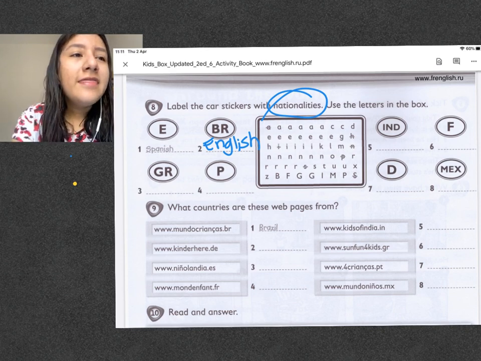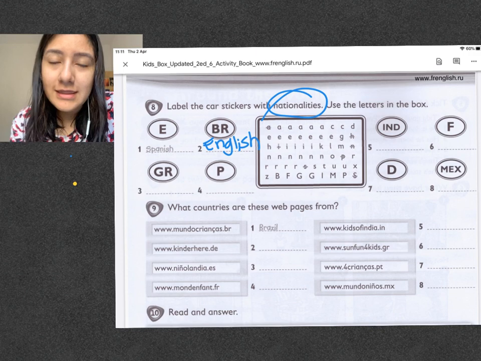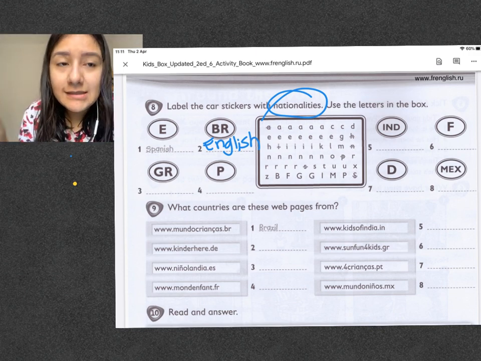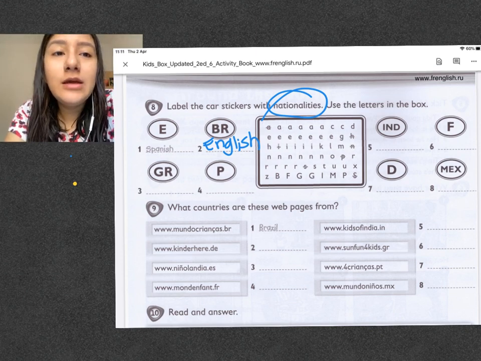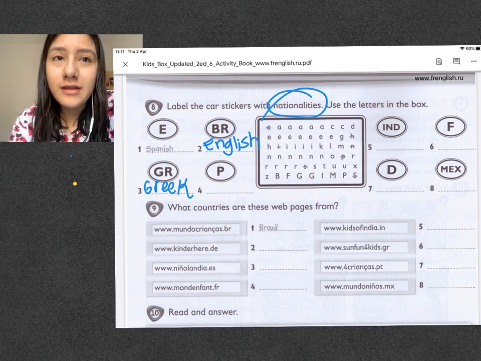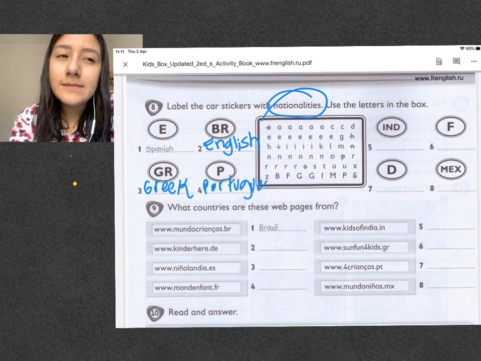Okay, then we have in the number 3 GR, that stands for Greece, so the nationality will be Greek. Okay, then we have the number 4, that is P for Portugal, but the nationality is Portuguese.